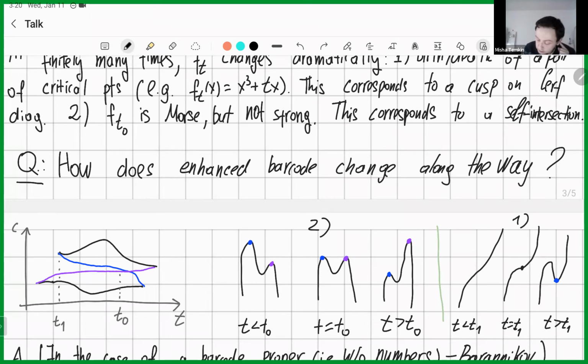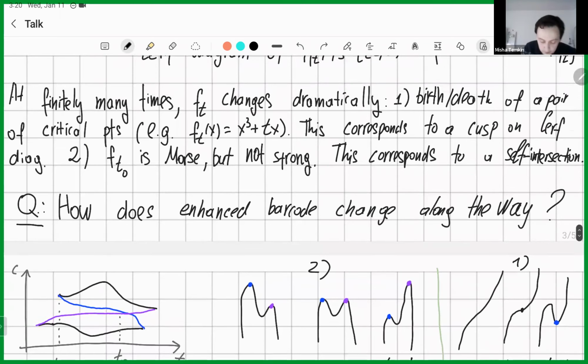It has a degenerate critical point, and if t is greater than t1, then there are 2 critical points which arise. A classical picture. And then, since we're interested in strong Morse functions, there's also another stratum, which is sometimes called the Maxwell stratum, where a function f_t0 is Morse but not strong.